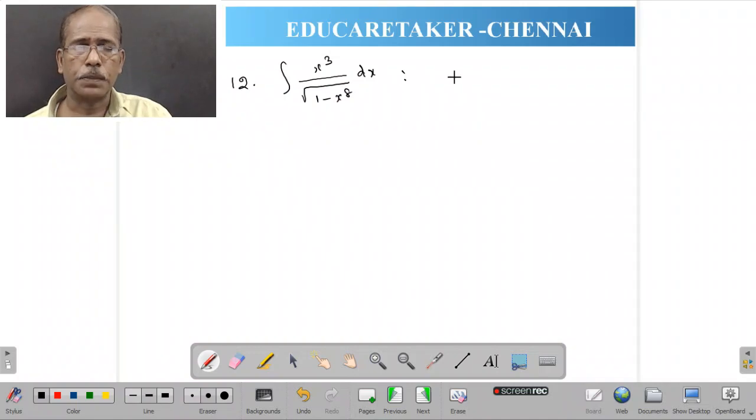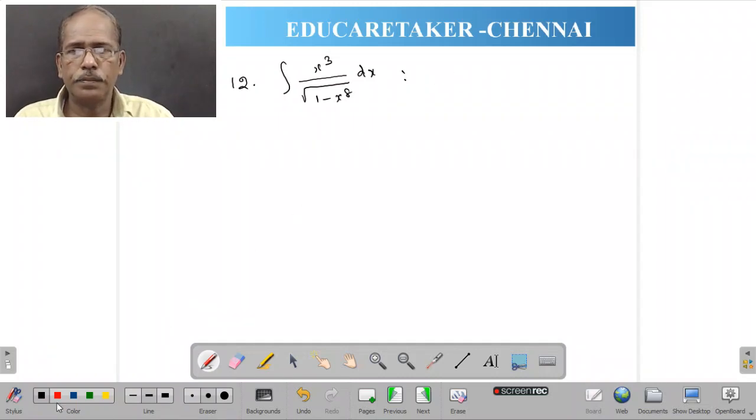We can write x power 3 as a derivative of x power 4. But the derivative of x power 4 is not only x power 3, it is some real number 4 into x power 3. The coefficient 4 is always adjustable. We should not adjust with any variable. We should not keep any variable outside of the integral, but we can keep a constant coefficient outside of the integral.